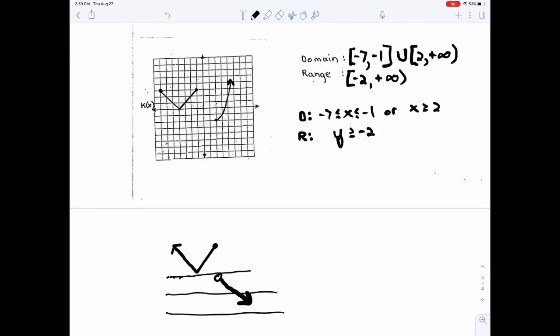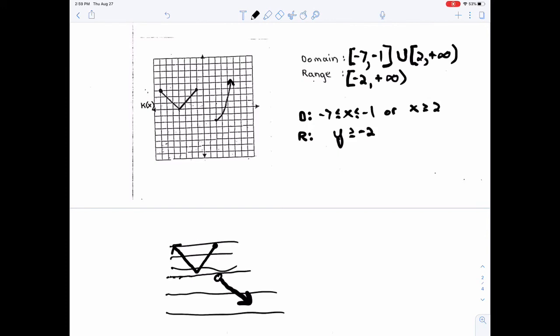There's a break in it. So in the last example, the one that's up here that's actually drawn for you on the original paper, there was a break in the domain, but there's no break in the range. In this case, this thing would have no break in the domain, but there'd be a break in the range, because notice there's a place that it doesn't touch it, and then it starts touching it again.